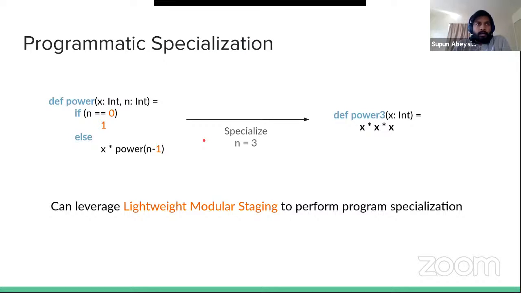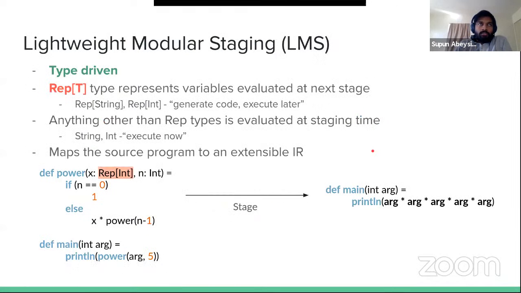So there's a technique called lightweight modular staging to do these kind of programmatic specialization with the help of the programmer. So lightweight modular staging, or LMS, is a type-driven approach, and the most important part is these Rep types. So basically, these Rep types represent variables evaluated at the next stage.